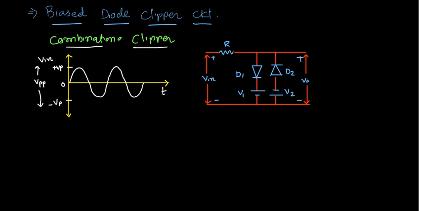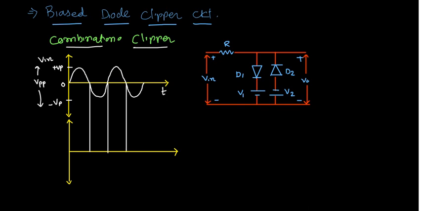Now we need to check the output for this one. Just drawing that output signal. This is the vertical line for amplitude, V output will be drawn over here, and this horizontal line is for time. For our understanding, I'm going to use reference lines. Positive half, then negative half, positive half, and negative half.